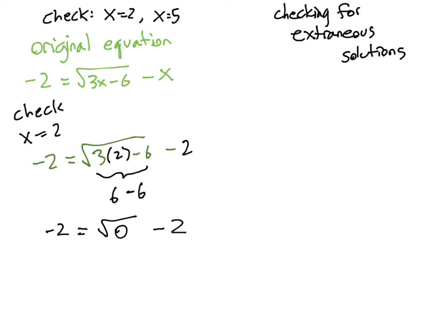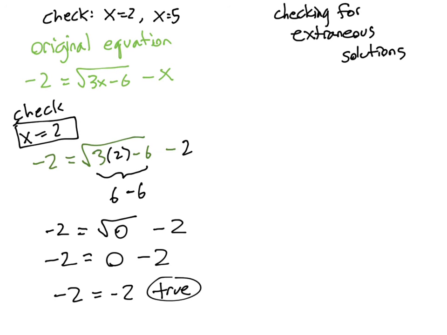And that is also just equal to 0 because, of course, 0 times itself is still 0. And it looks like this answer does work out because we get negative 2 equals negative 2, and that is true. So x equals 2 is a valid solution.